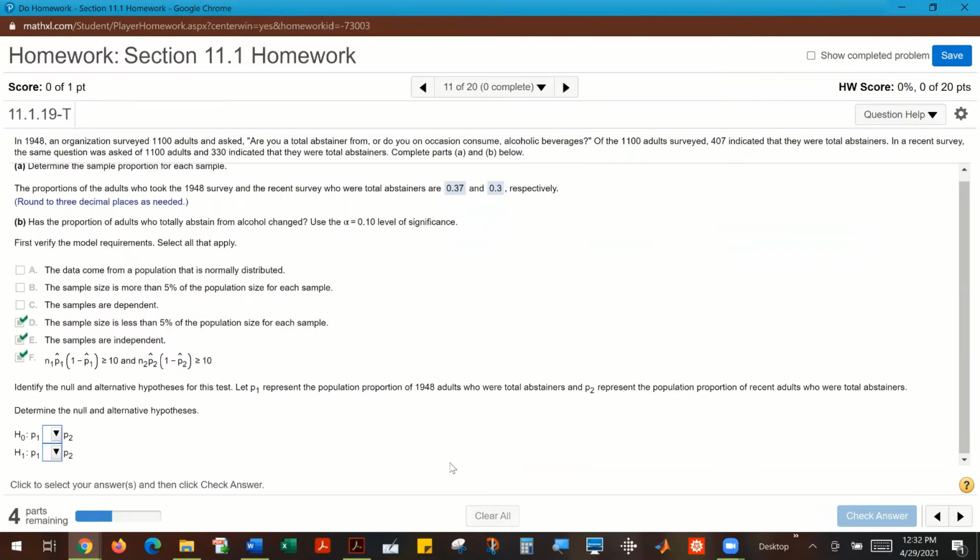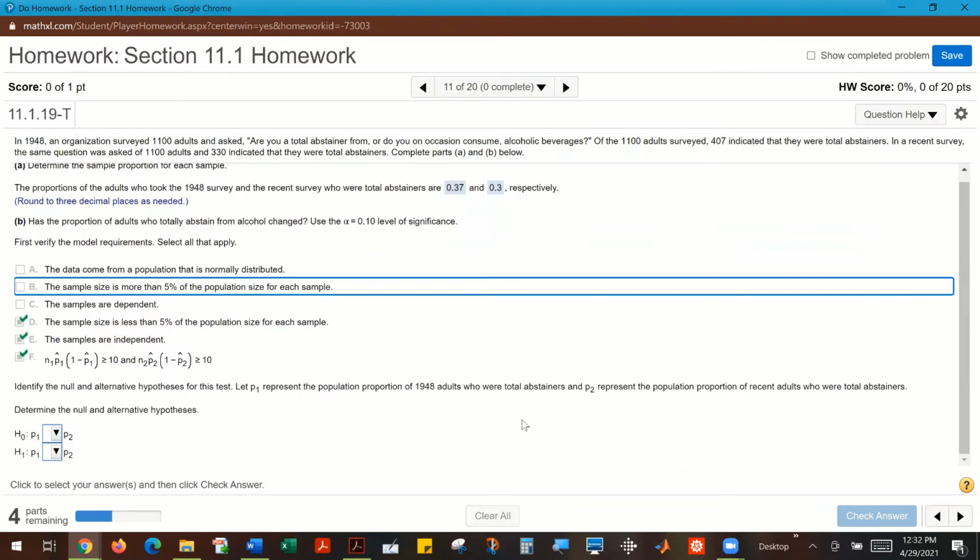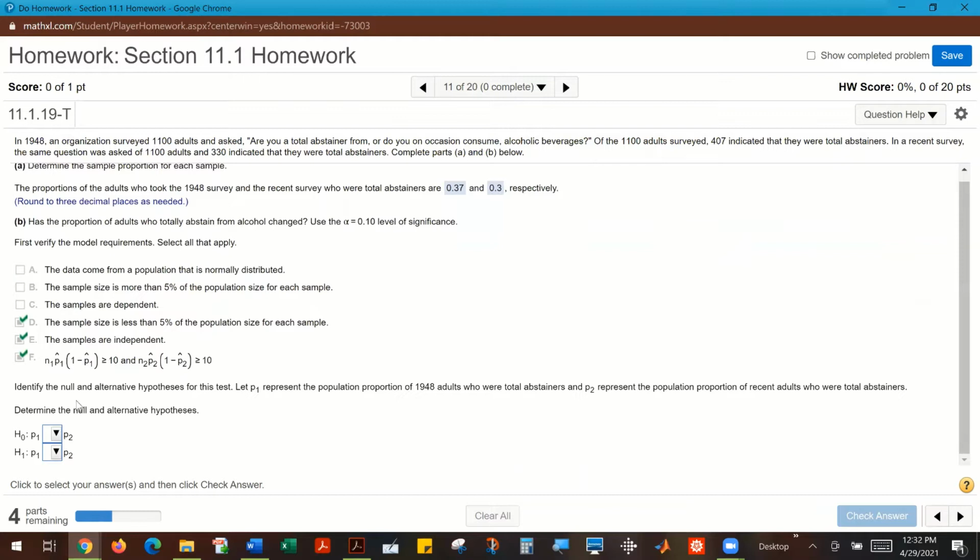So this now gets us into our hypothesis testing. As you can see, we need to identify our null and alternative hypotheses. Remember, P1 will represent the population proportion for the 1948 adults who abstained from alcohol, and P2 will be for the recent adults abstaining from alcohol.